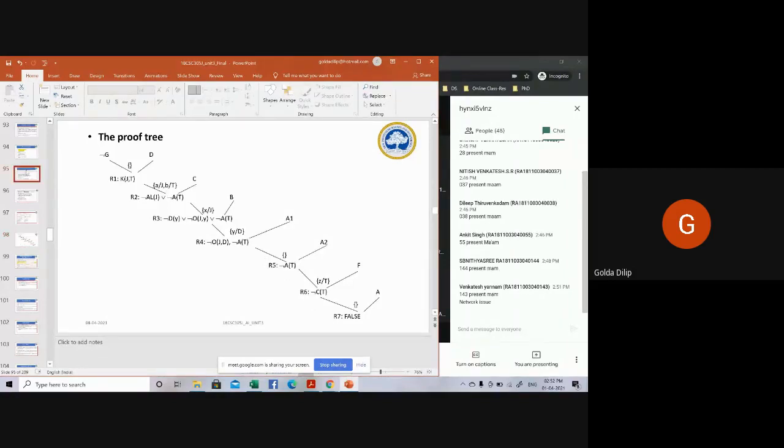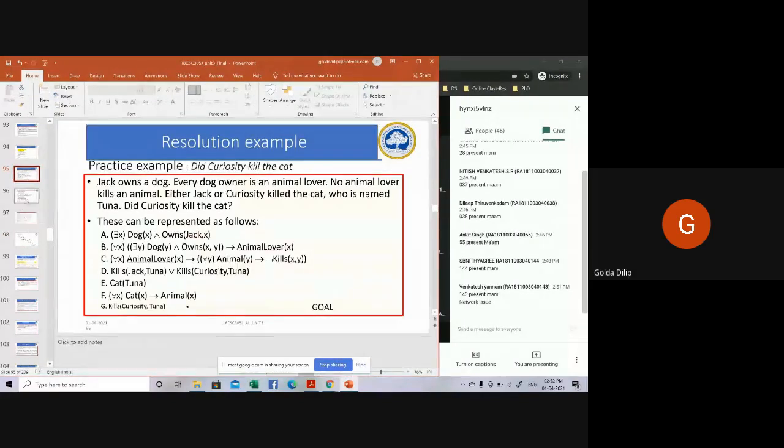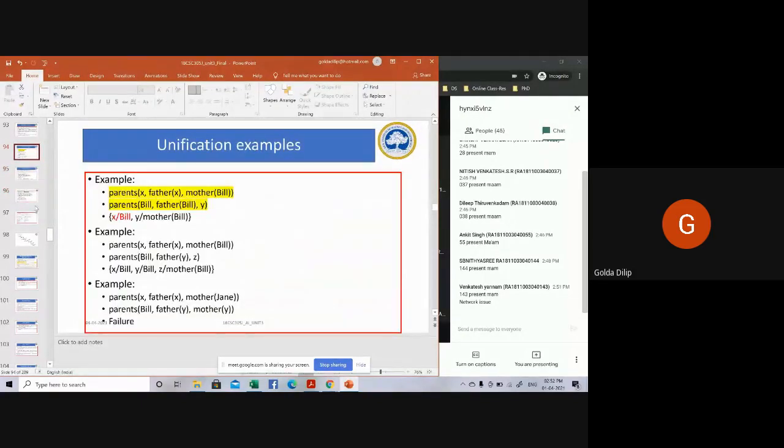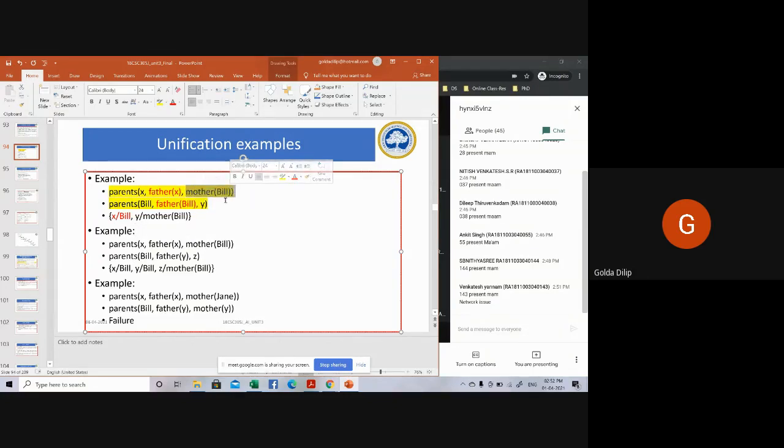Then father of x is replaced with father of Bill. Here also x is replaced with Bill. Then mother of Bill is replaced with y.